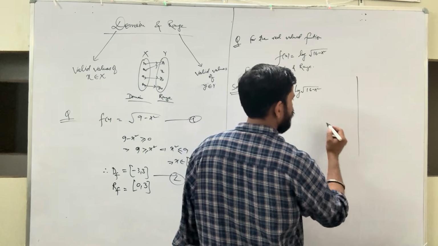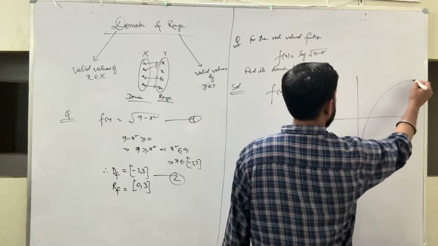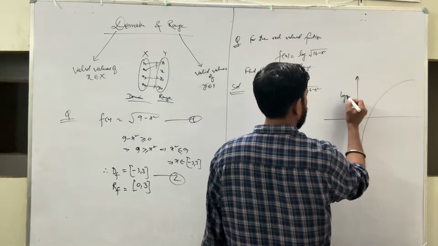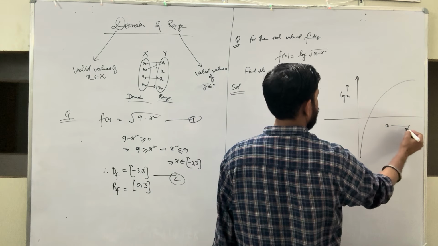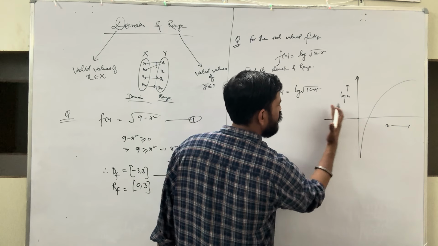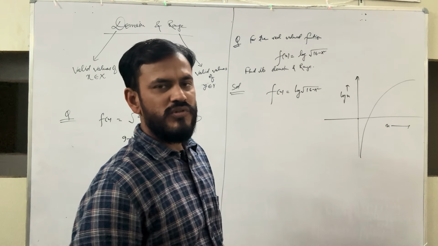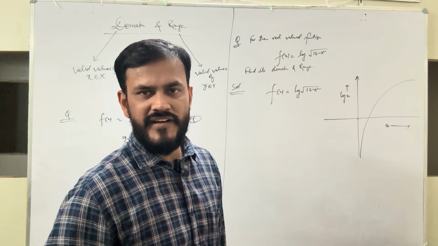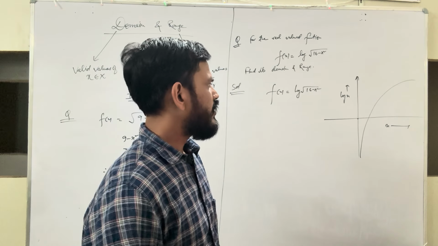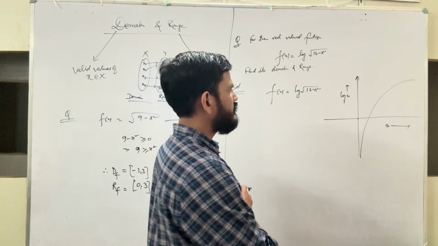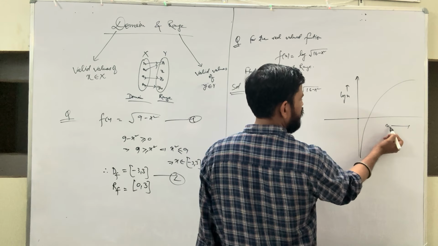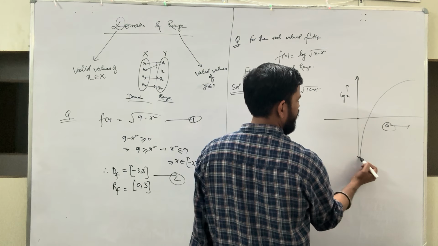Let's see, if you recall, the logarithm function looks like this: log x. Logarithm is not defined for negative values of its argument. When x becomes 0, it attains minus infinite value.